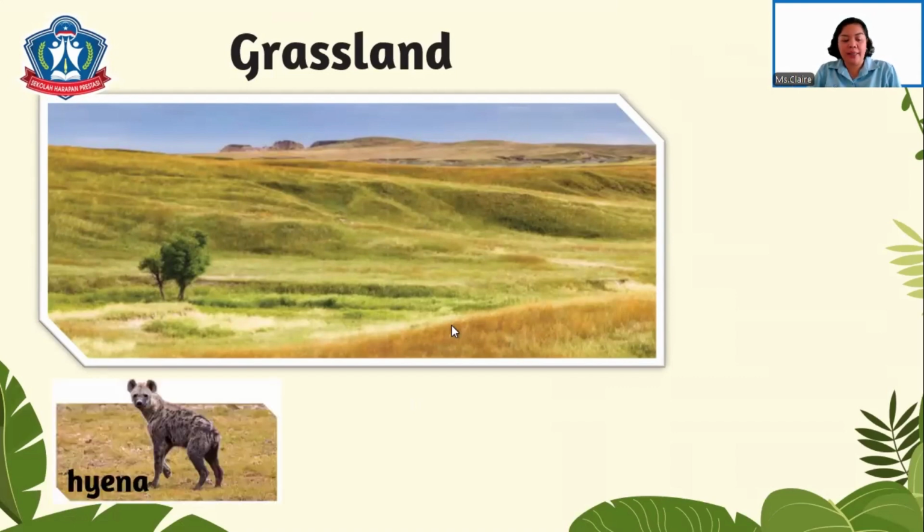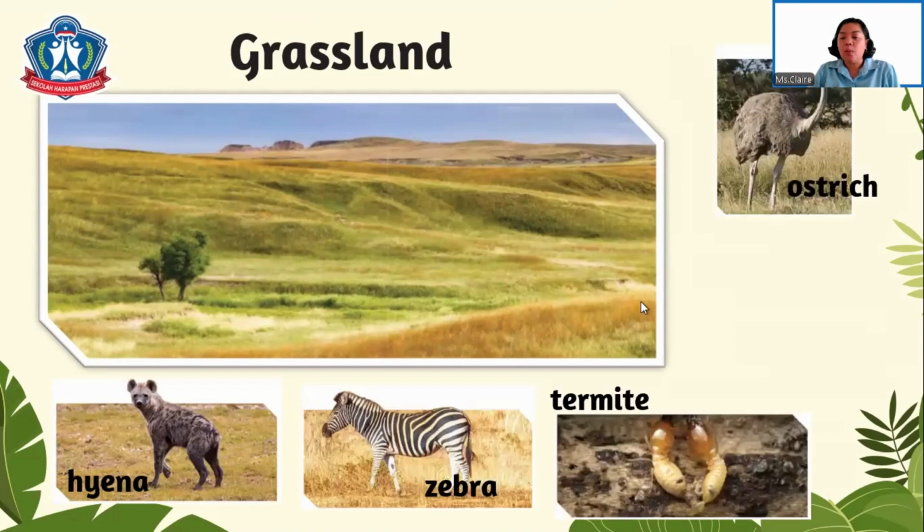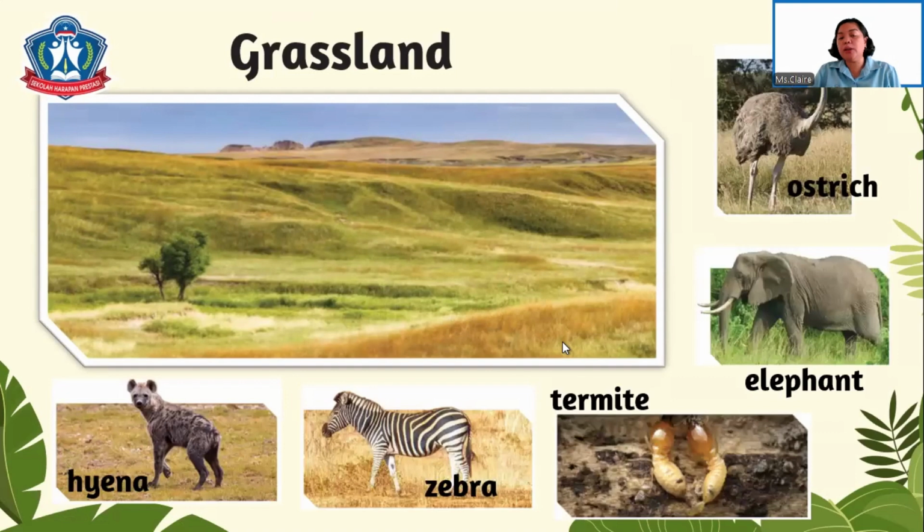Yes, we have hyena, zebra, termite, ostrich, and also elephants and many other animals that can live in grassland. These animals, children, are suited and fitted to live in a grassland.